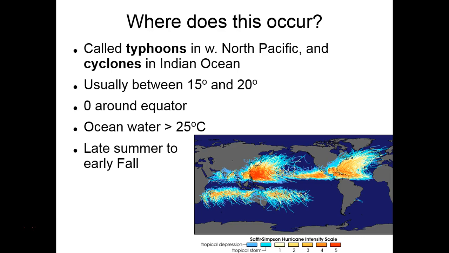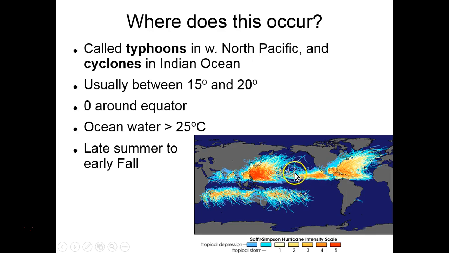Okay, so when we have these conditions that occur in the western North Pacific, so in this image over here, near Asia, we call them typhoons. When they occur in the Indian Ocean over here, we call them cyclones. And of course, when they occur around the US, we call them hurricanes, all right?